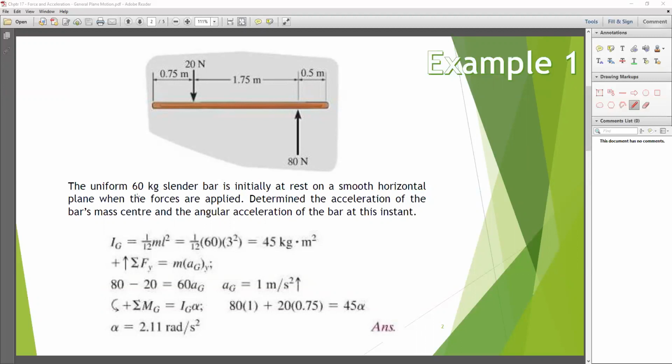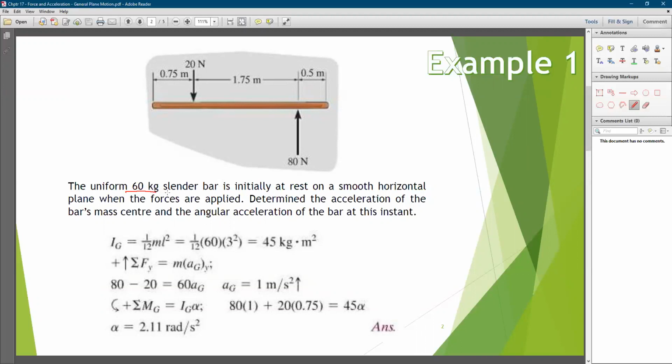M, as we know, is 60 here, and 3 is the whole length of this particular bar, from this point to this point. Then we just calculate, and we get I at point G, which is 45 kg meter squared.